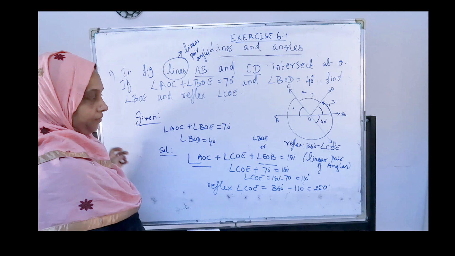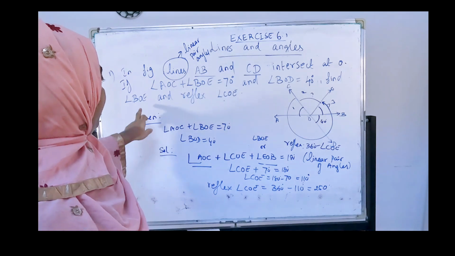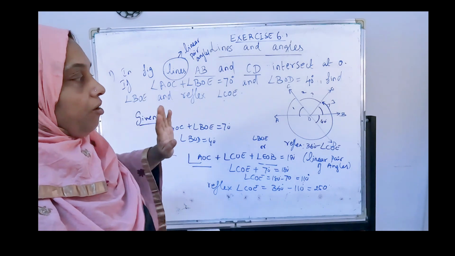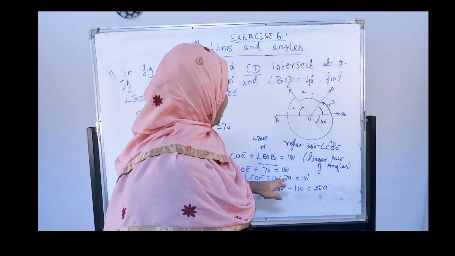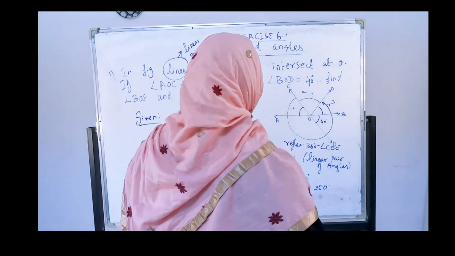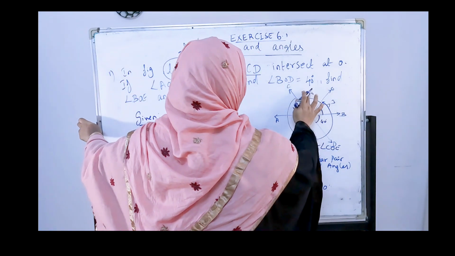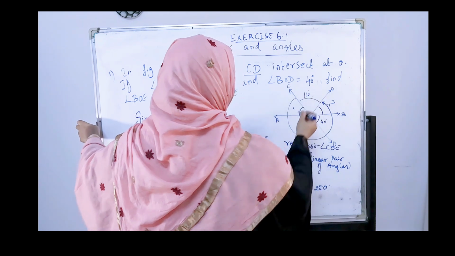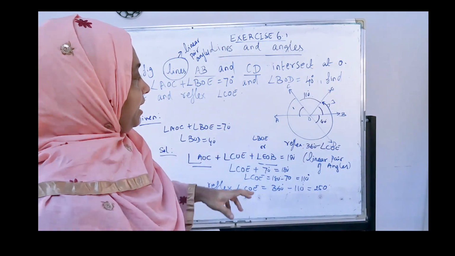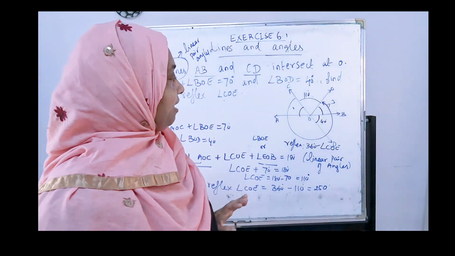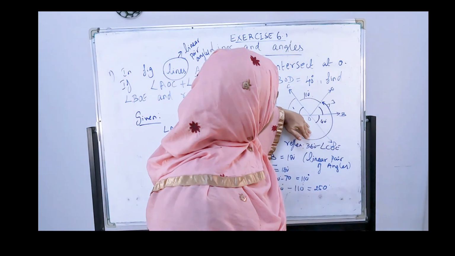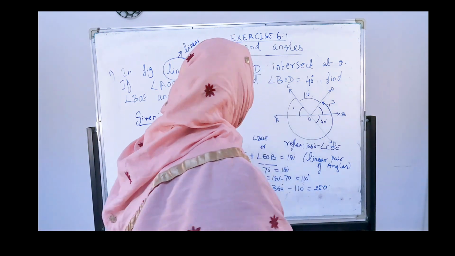First part done. Second one, what they are asking: BOE. So BOE we have to find. Now COE is 110 degrees. Again CD is a line we are having.